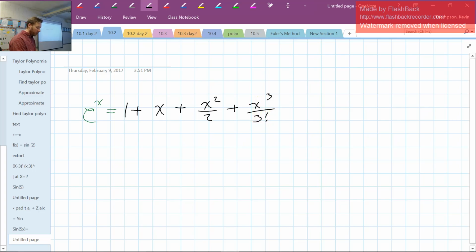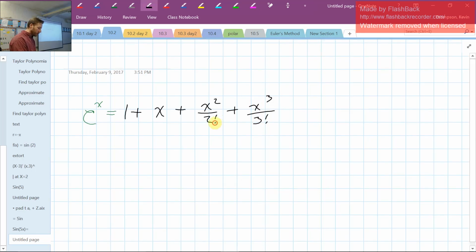Over 3 factorial. Yeah, you can leave it as 3 factorial, that's okay. All right, so this continues. I'm not going to keep going there.